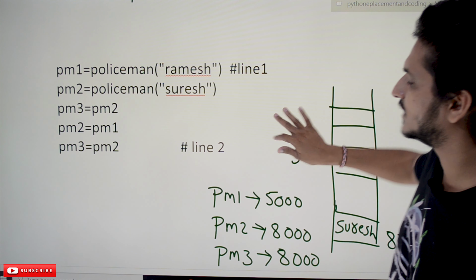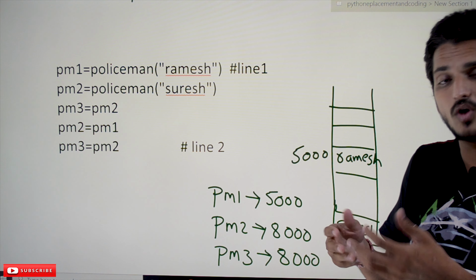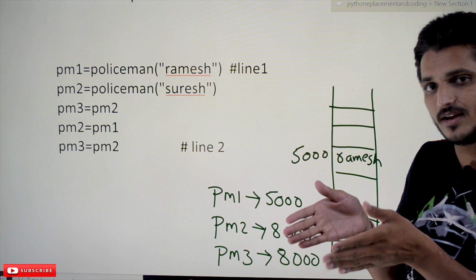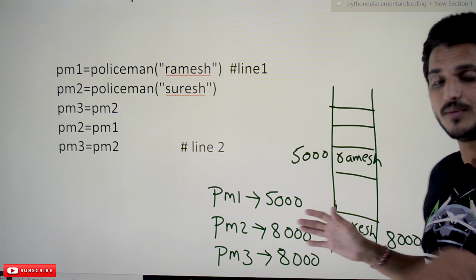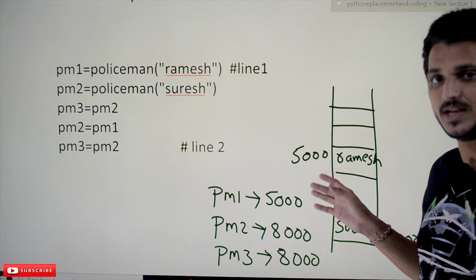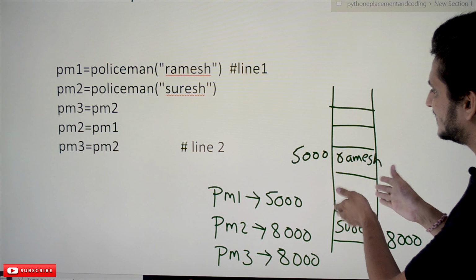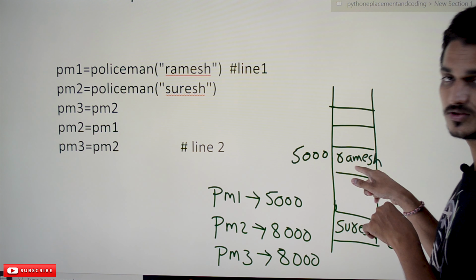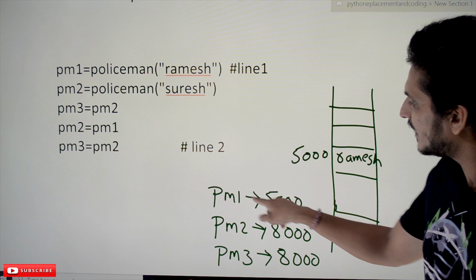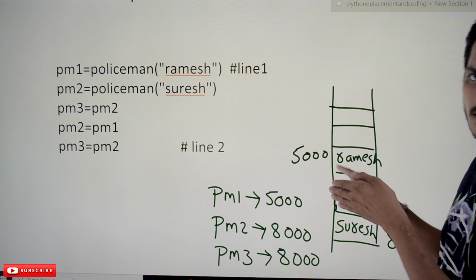The example we consider: policeman of Ramesh. It is creating an object. An object defines a space. This diagram you should be familiar with; we discussed these diagrams many times in our previous Python playlist, so we are not explaining again how the space is assigned. 5,000 is the address of this location, meaning PM1 is referencing this object.